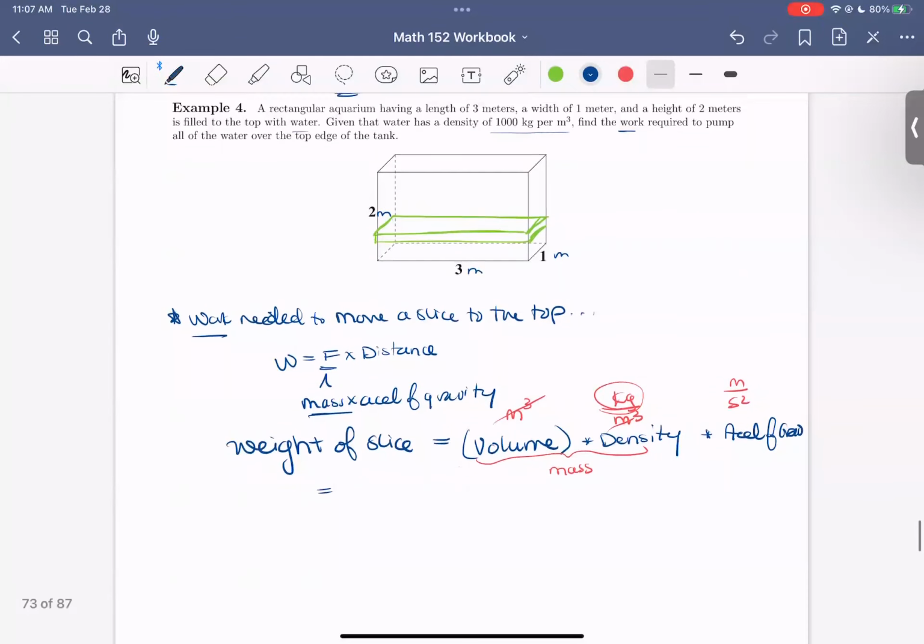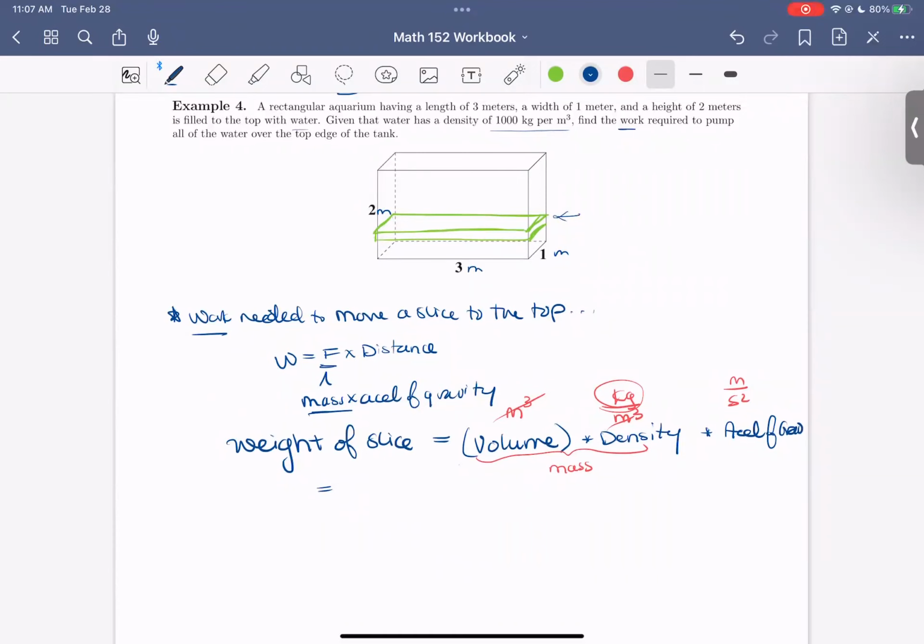So volume of a slice, a slice looks like a little rectangular prism here. So we can compute the area of the top of the slice, and then multiply by the thickness of the slice. So here, that top piece will be 2 times 1 times 3. Oh, actually, I don't quite want to do that. Let's think about that a little more carefully.